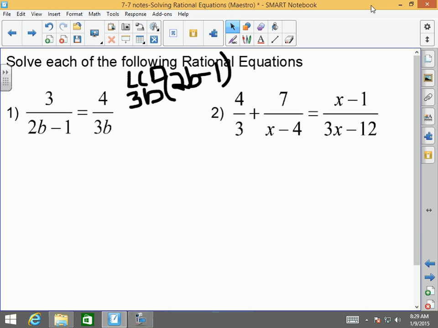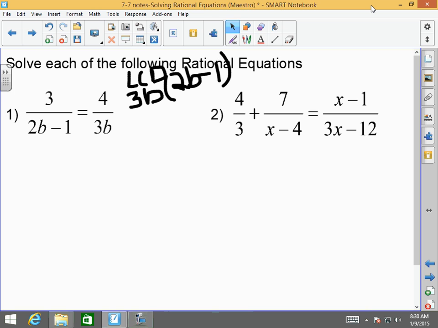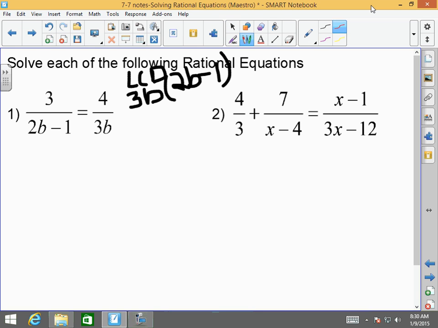So what am I going to multiply to both sides of this equation? You're going to multiply everything by the LCD. You're going to multiply to both sides here 3b times 2b minus 1, and 3b here times 2b minus 1.